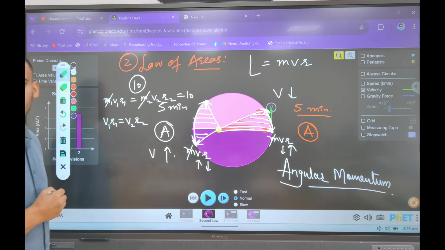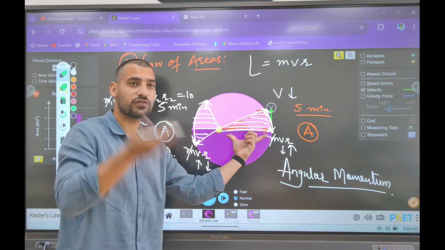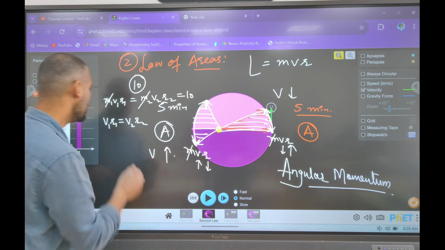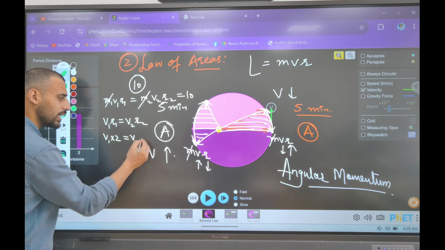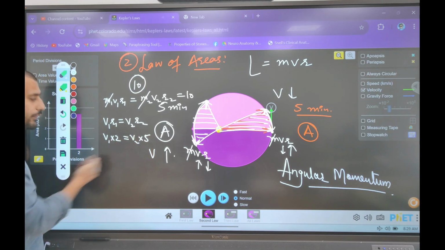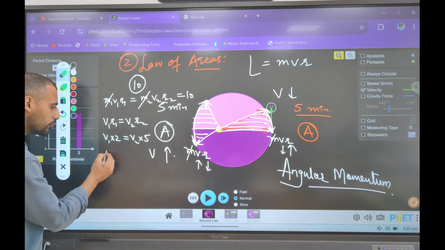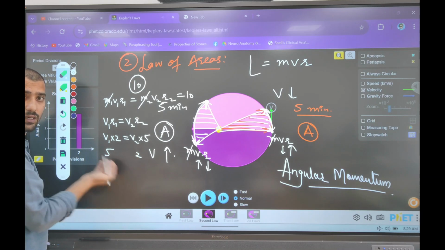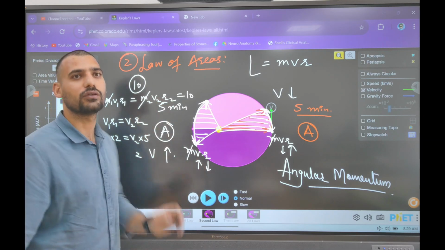But we know for the product to be 10, for example, the distance here is 5 but the distance here is 2. So that means this is V1 times 2 and this is V2 times 5. How is it possible that we maintain the product? This should be 5 and this should be 2. So the speed here is less and the speed here is more. Is that clear? This is the conservation of angular momentum.